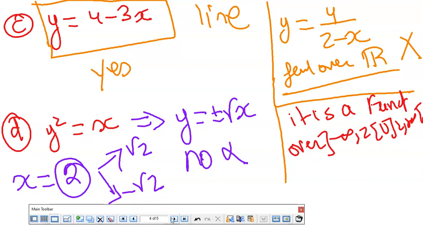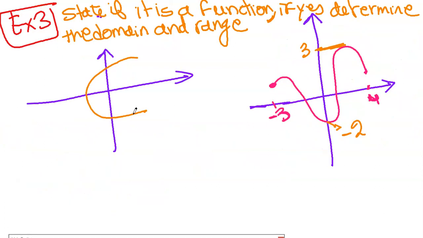I still have one more example, and this is graphically. How can I determine if it's a function, yes or no? To know graphically, I need to use the vertical line test. If you draw any vertical line that cuts the graph in more than one point, it means it's not a function.